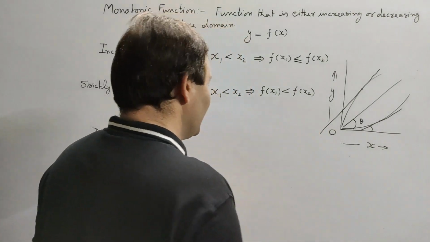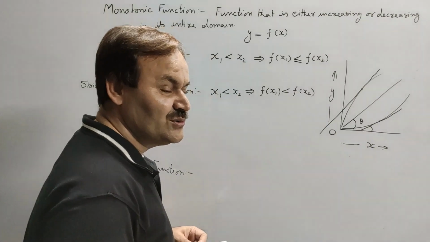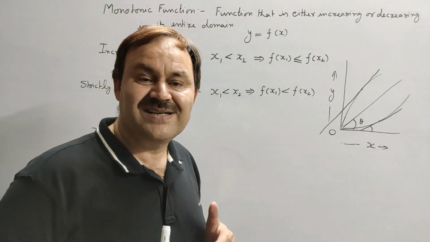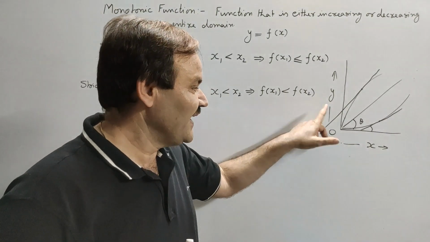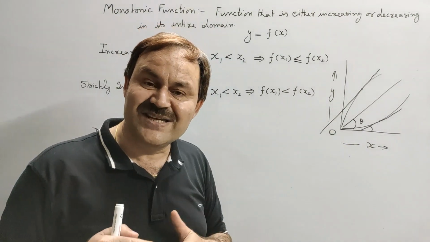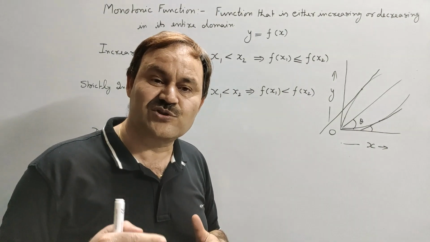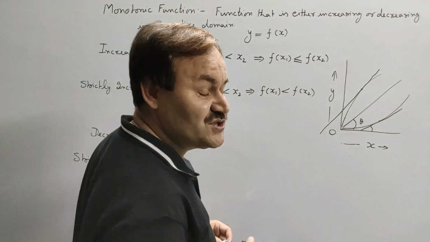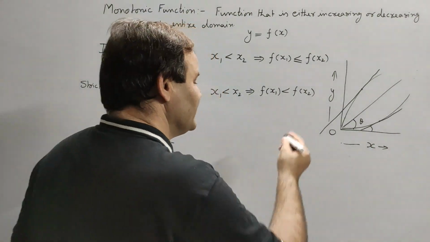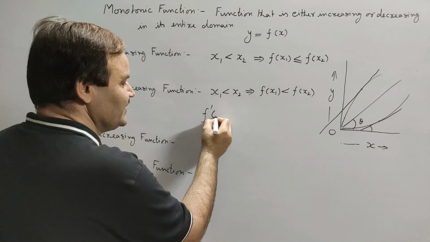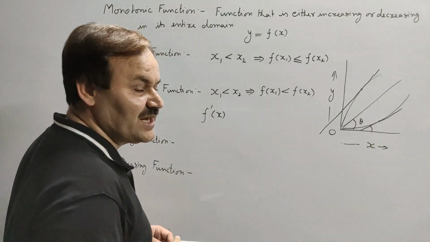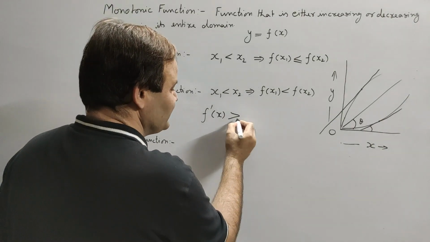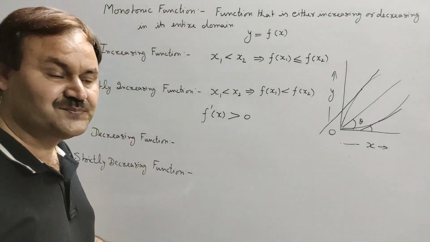And if slope will be always greater than 0, then from the study of differentiation, we know that the differentiation of y with respect to x gives the general expression for slope of tangent to y versus x curve. Hence, for a function to be increasing, the slope of tangent to the graph of that function should always be greater than 0.